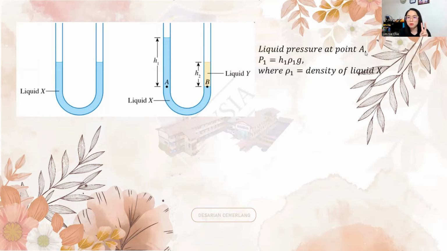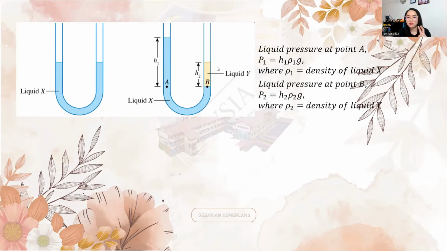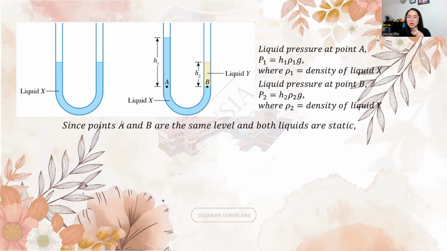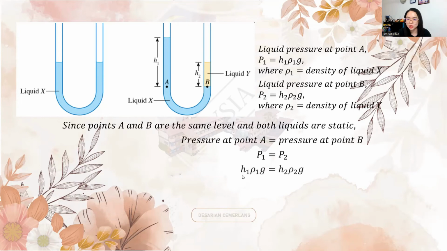So for point A, P1 is equal to H1 rho 1 g, where rho 1 is the density of liquid X. For point B, P2 is equal to H2 rho 2 g, where rho 2 is the density of liquid Y. Since points A and B are at the same level and both liquids are static, the pressure at point A is equal to the pressure at point B. Putting the formulas in, H1 rho 1 g is equal to H2 rho 2 g.